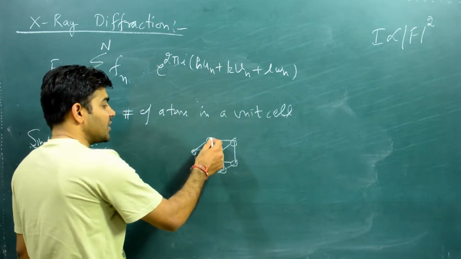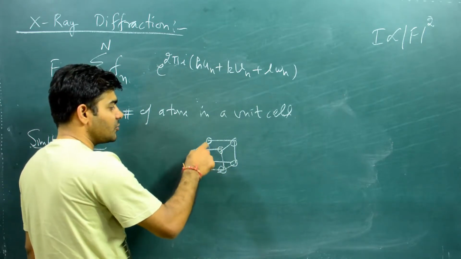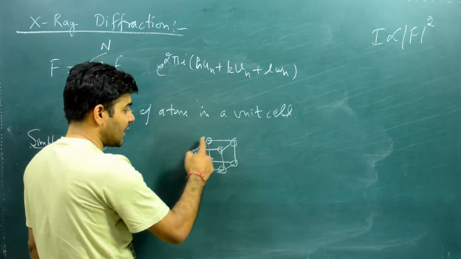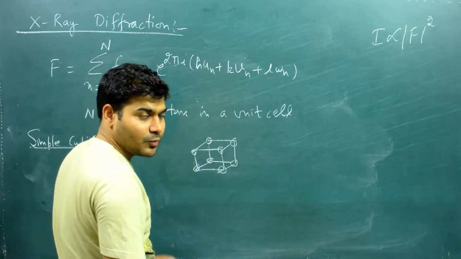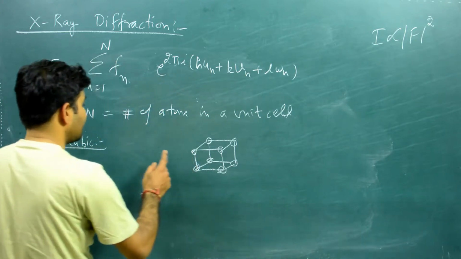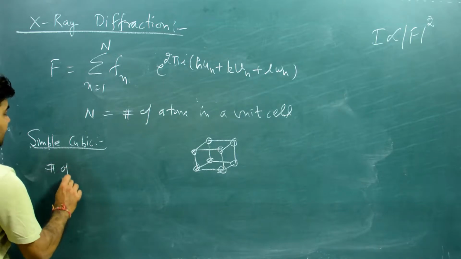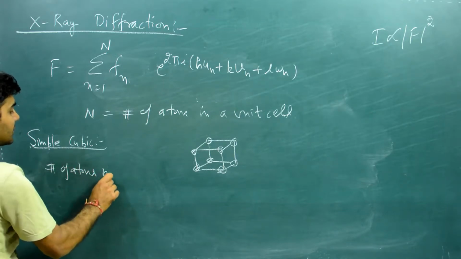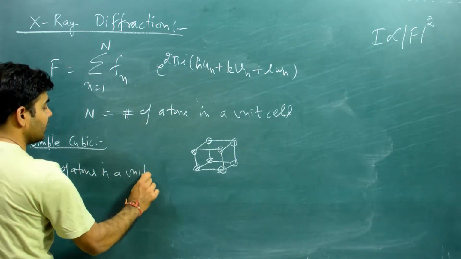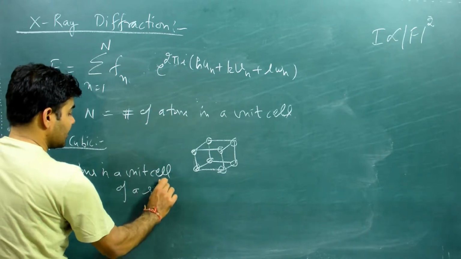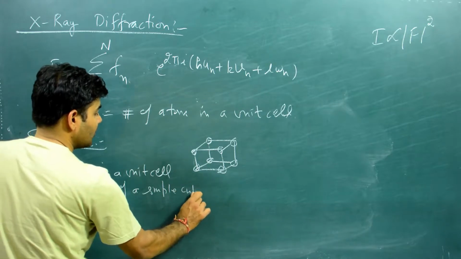So 8 times 1/8 is 1. So the effective number of atoms in a unit cell of a simple cubic is equal to 1.